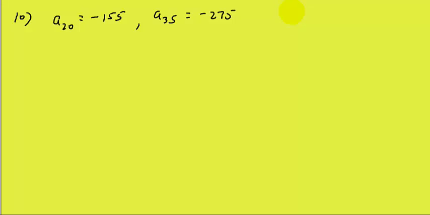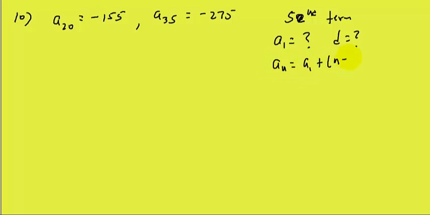And they want us to find the 52nd term. Well, do we know what a sub 1 is? No. Do we know what the difference is? No. But in our formula, we need those. So my formula is a sub n is equal to a sub 1 plus n minus 1 times the difference. And I know n is 52.